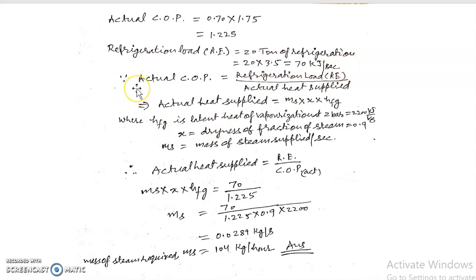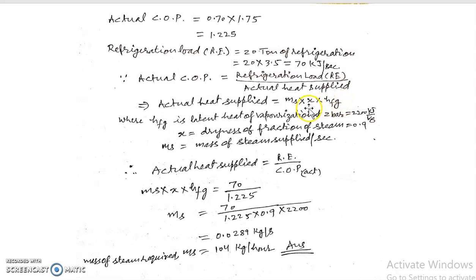Since the actual COP is the ratio of refrigeration load to the actual heat supplied, from there we can calculate the actual heat supplied. Let ms be the mass of steam supplied to the heat generator in kilogram per second, x the dryness fraction of the steam at the inlet to the heat generator, and hfg the latent heat of vaporization of steam at 2 bar.